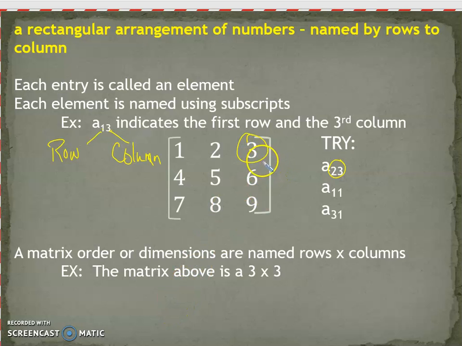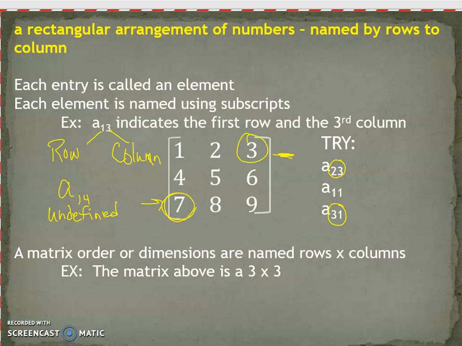That's what's in that position. If I wanted row 3, column 1, that would be a 7. If it does not exist, then it is called undefined. Okay, so if for some reason they asked you for a sub 1, 4, well, we don't have a fourth term here in the columns, so this would be undefined.